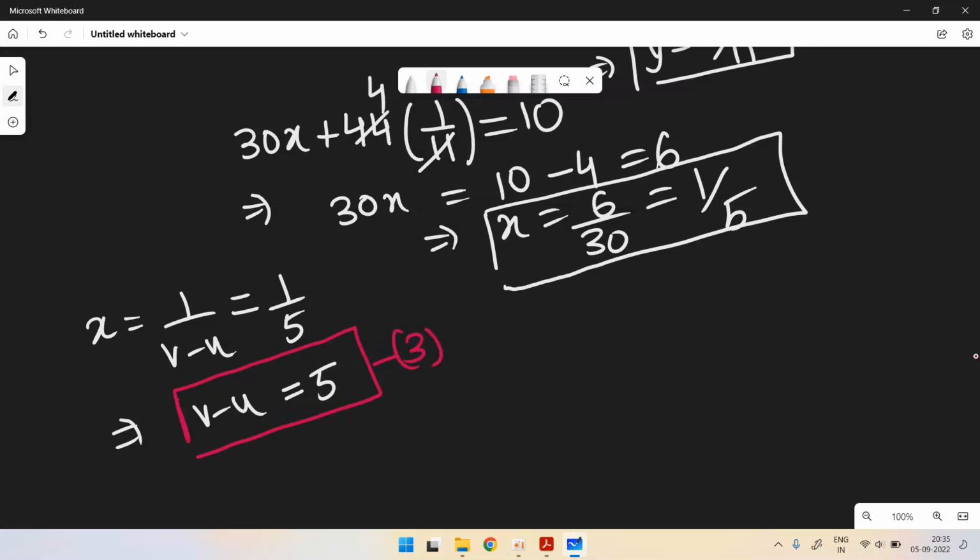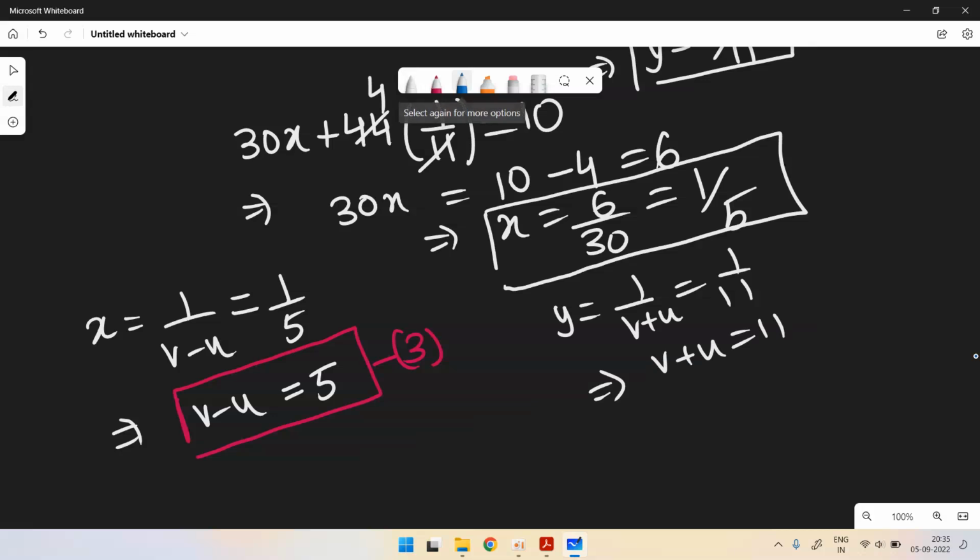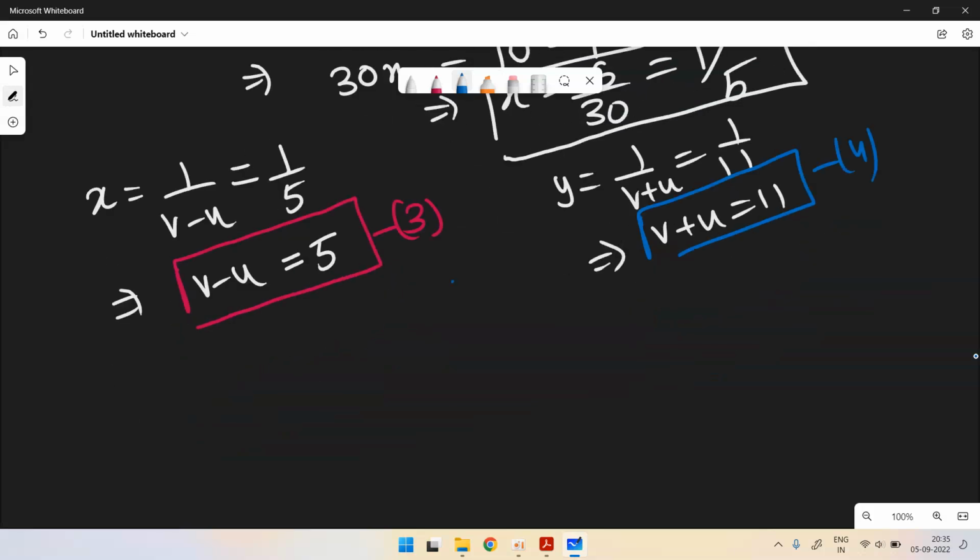And y is 1 by (v plus u) equal to 1 by 11, which implies that v plus u equals 11. I will take this as equation number 4. Now you need to calculate the original values of v and u.